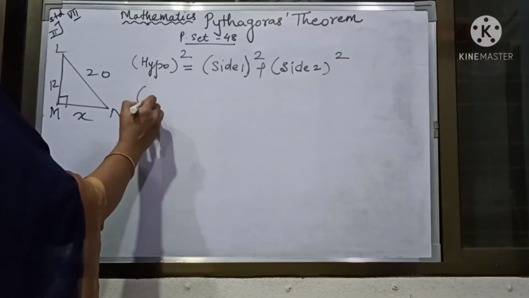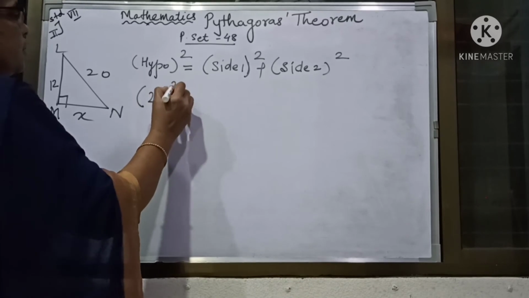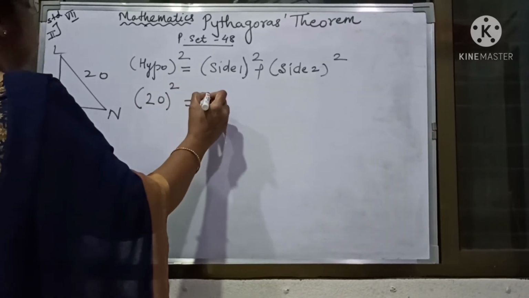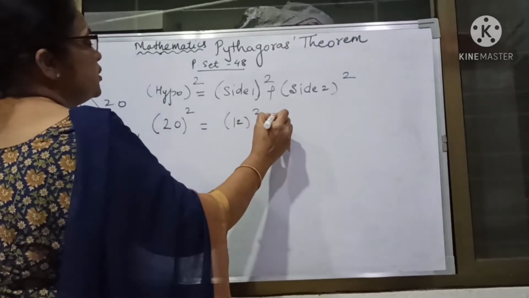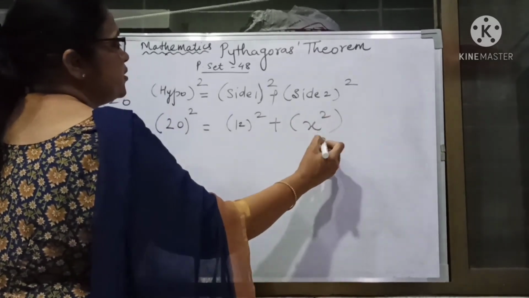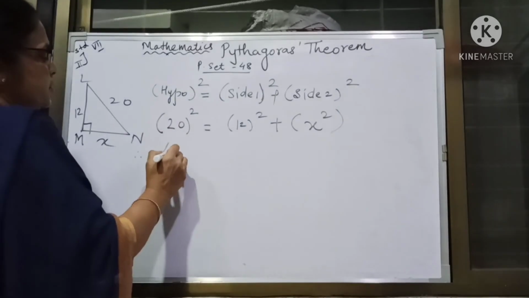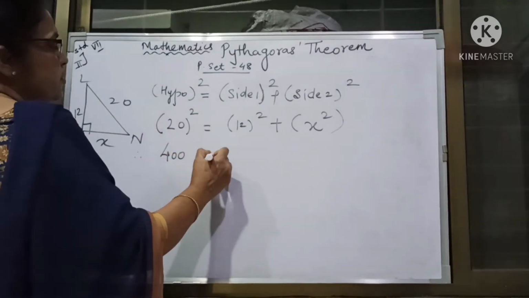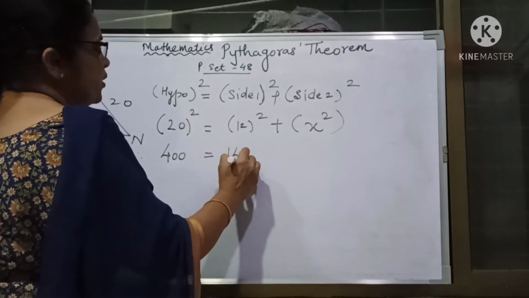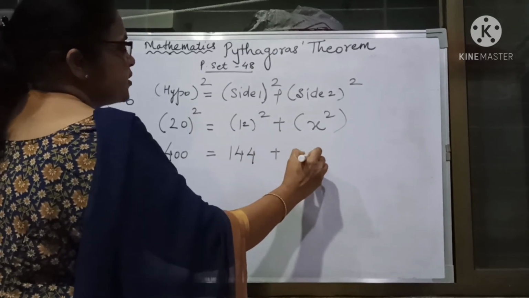Now hypotenuse is given to you, 20. Side 1 is given to you, 12. You have to find the other side. So let it be x. Square of 20 is 400. Square of 12 is 144 plus x square.